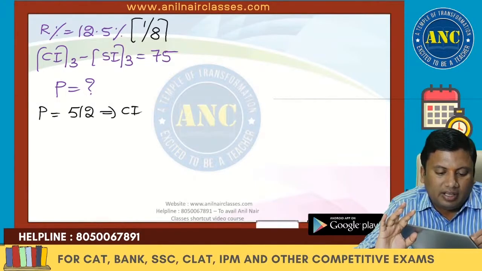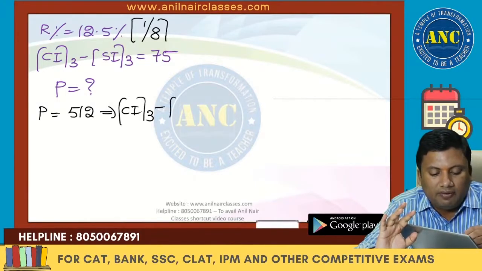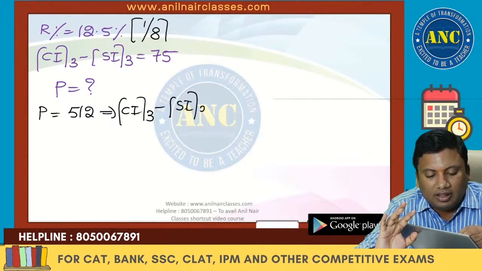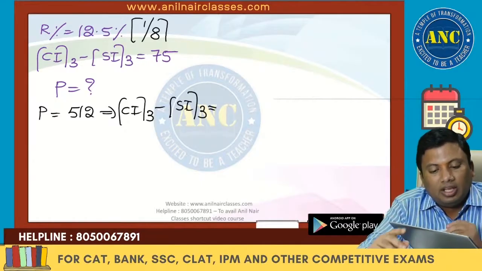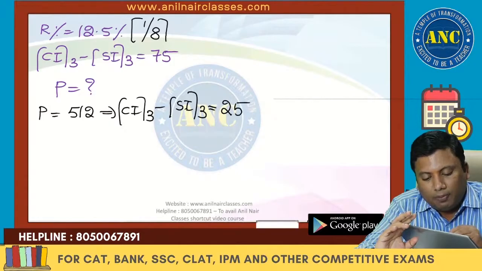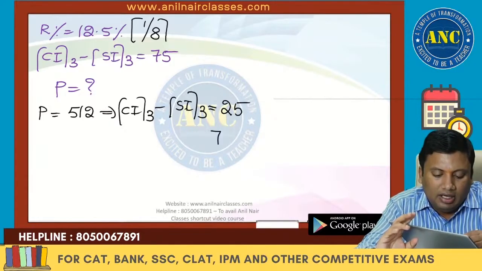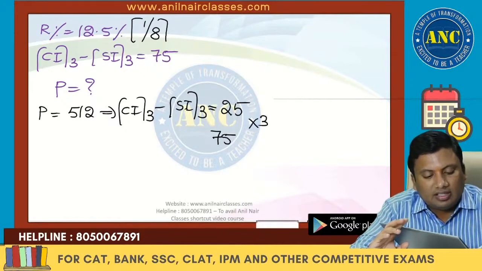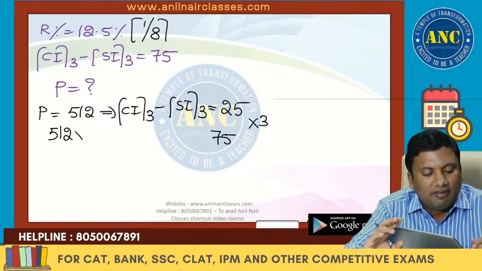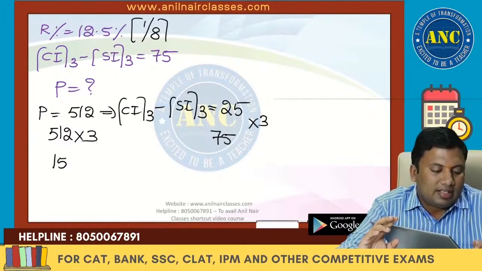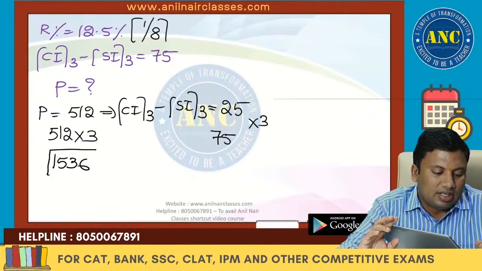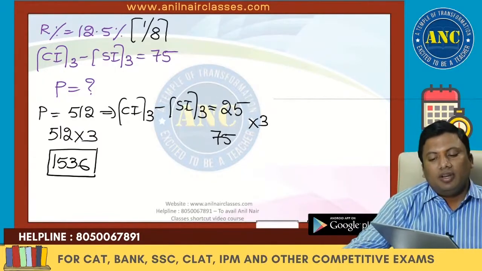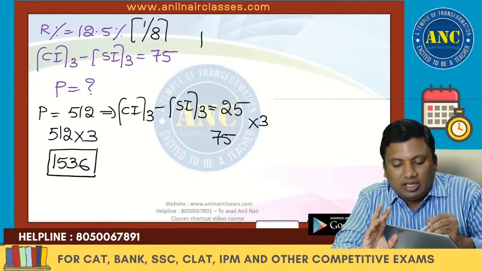If the principal is 8 cube, CI for 3 minus SI for 3 is 3x plus 1, 24 plus 1, 25. But I need the value 75. 25 threes are 75. Answer is 512 into 3, which is 1536. Just simple observation, you will get the answer. What is that observation?